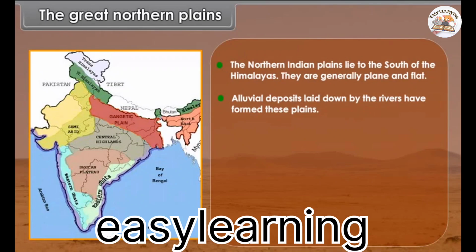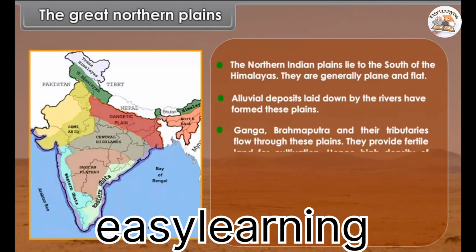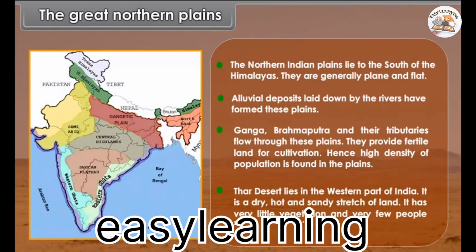The Great Northern Plains. The northern Indian plains lie to the south of the Himalayas. They are generally plain and flat. Alluvial deposits laid down by the rivers have formed these plains. Ganga, Brahmaputra and their tributaries flow through these plains.